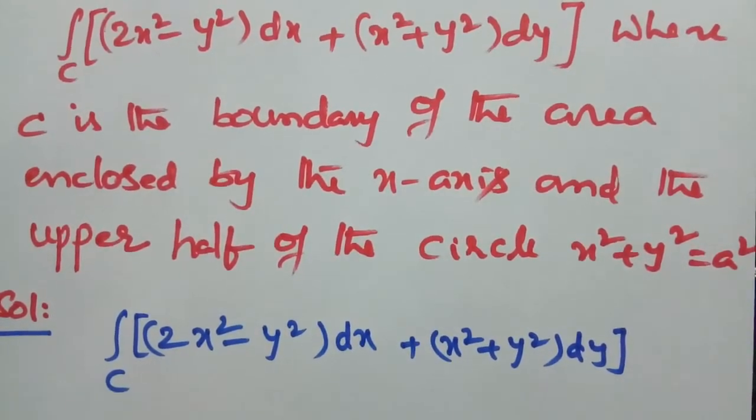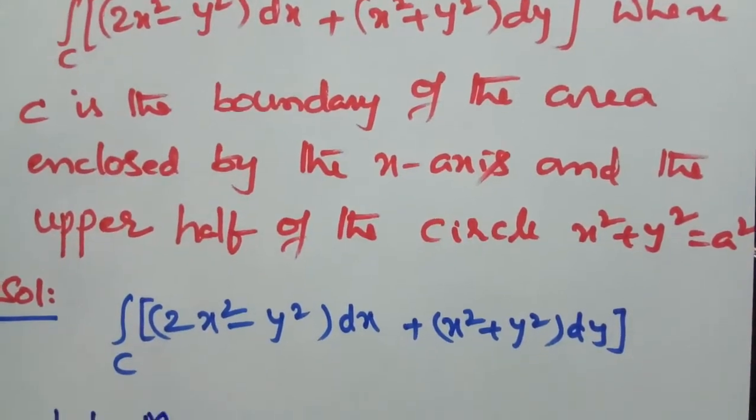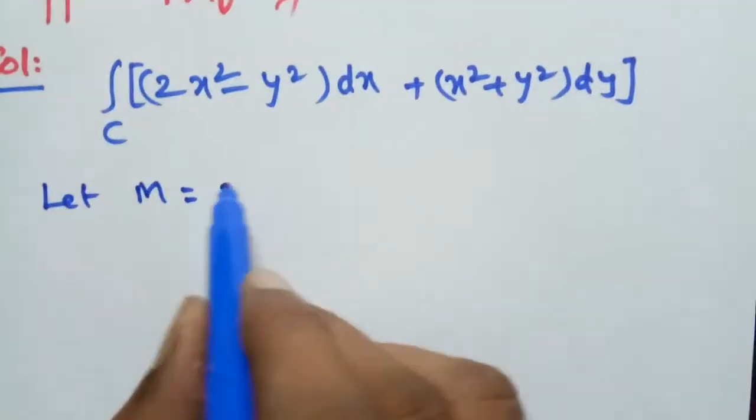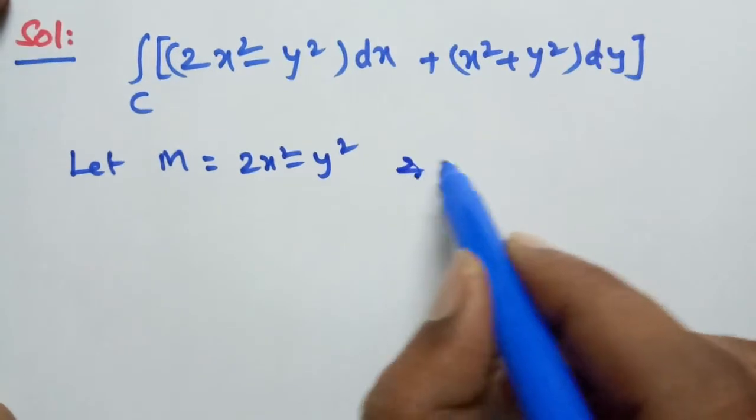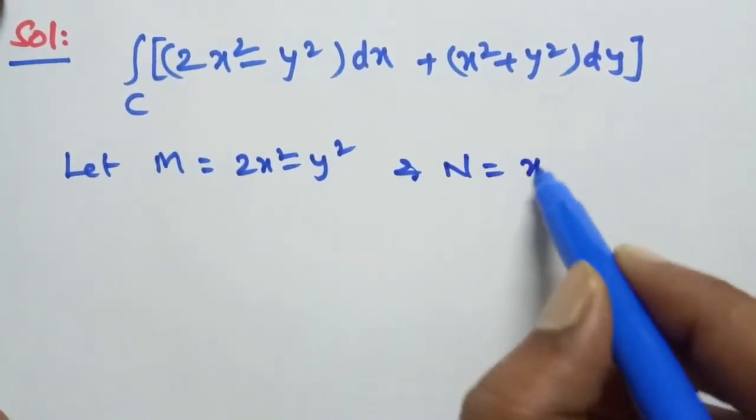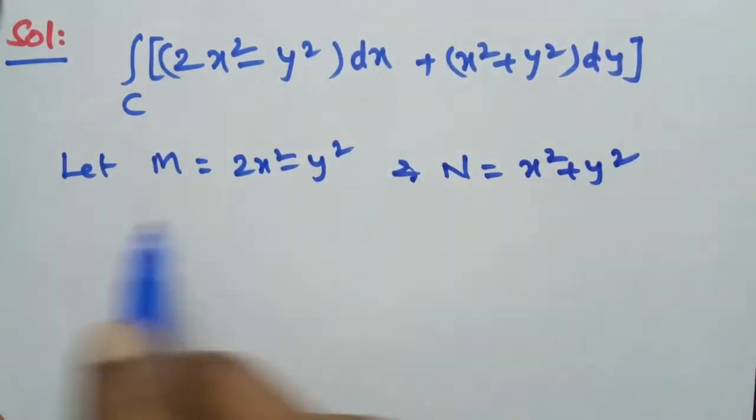Here m is equal to 2x square minus y square and n is equal to x square plus y square.